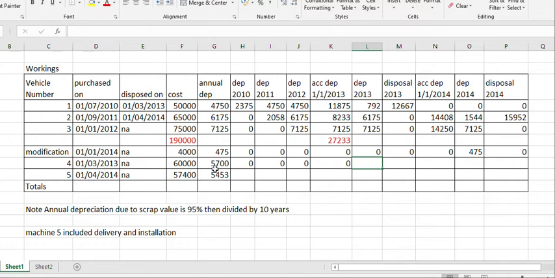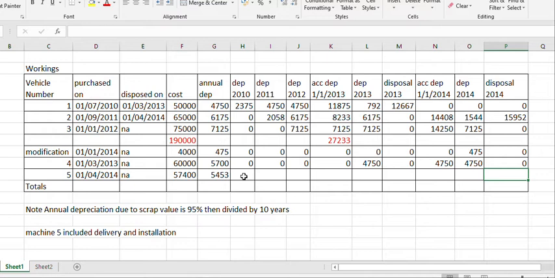So this is 12 months, so it would be 5,700 divided by 12 multiplied by 10, 4,750. There was no disposal. The accumulated depreciation, well, there only is one depreciation, 4750. And then we would have a full year's depreciation in 2014 because we still hold the machine, 4750.